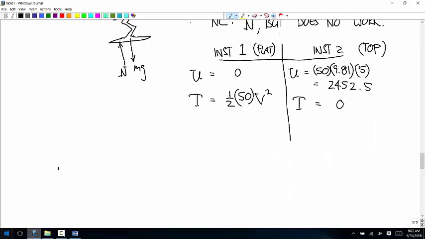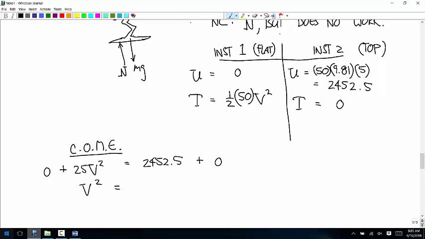So conservation of mechanical energy says 25 v squared, 0 plus this is equal to 2452.5 plus 0. And so divide everything by 25 and you get v squared is equal to 98.1.